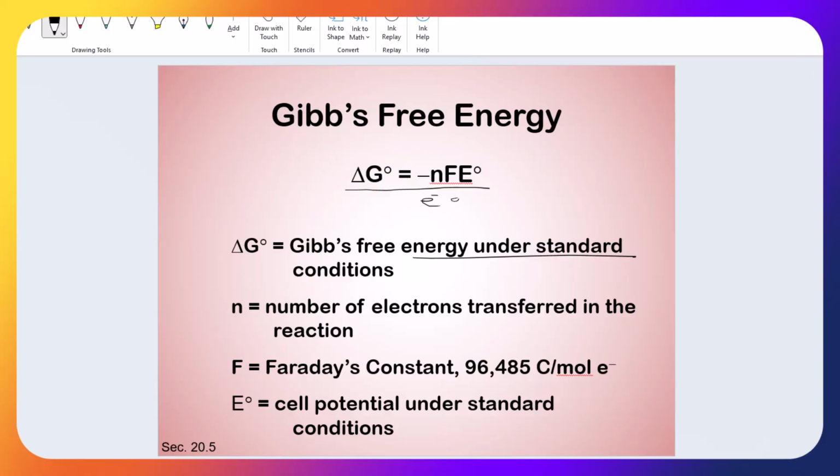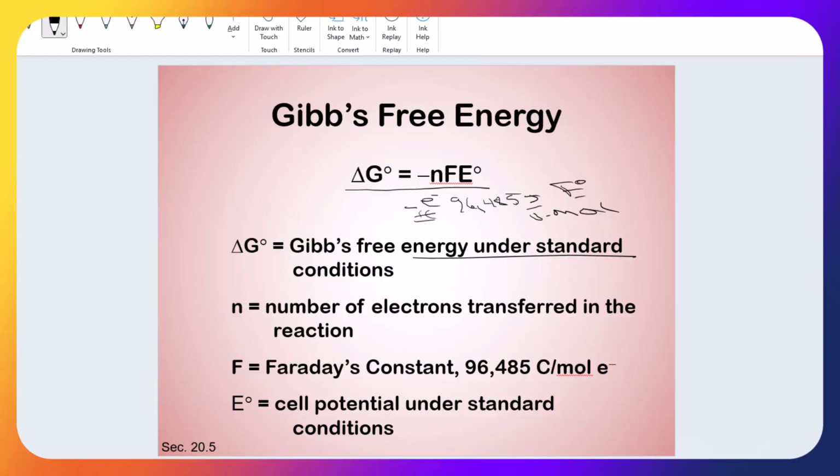F is Faraday's constant, 96,485, and in this context it's going to be joules per volt mole, and then times E of the cell, which we have been calculating. And you have a minus sign out here.